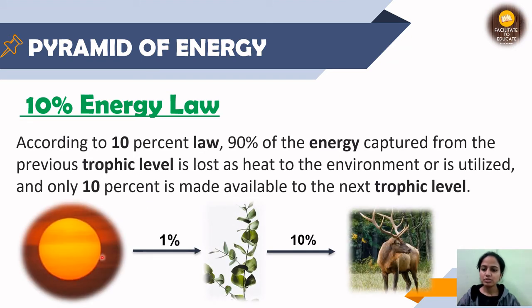So the ultimate source of energy is what? It is the sun. Only 1% of the sun's energy is taken by plants for the process of photosynthesis, and then the 10% rule will follow. Why have I mentioned the sun here? We'll see that further, right?